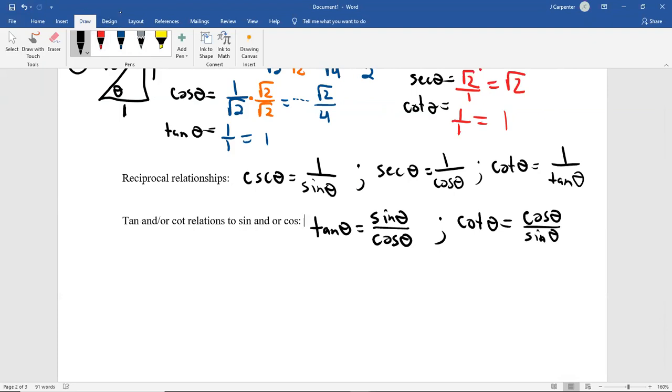Now, this is not a very heavy-handed proofs class, but I will prove some things. I will prove the tangent relationship. So let's take the tangent of theta is supposed to be sine of theta over cosine of theta.